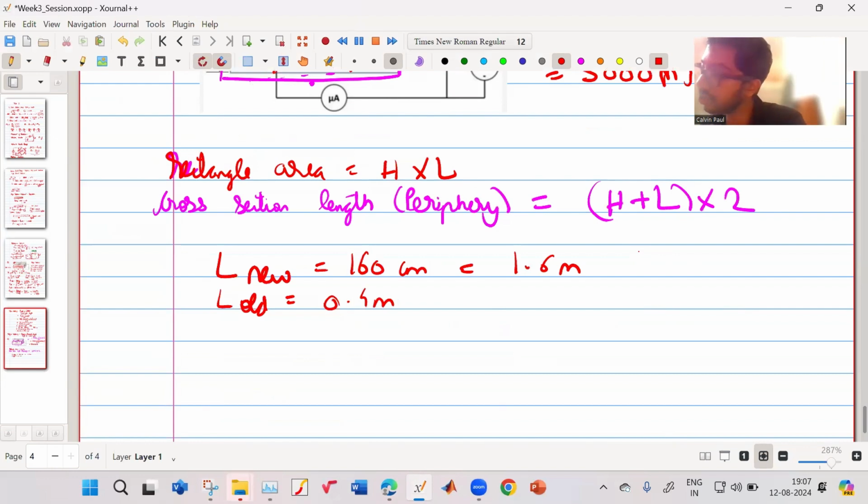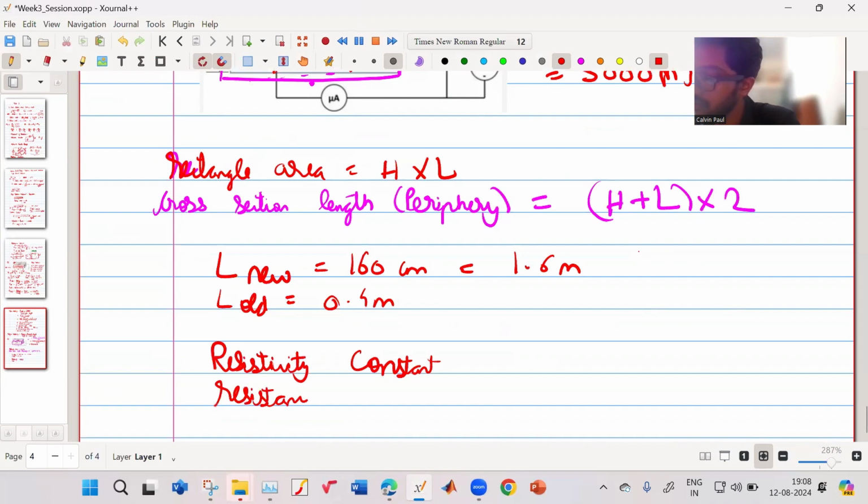Now this, your resistivity, will remain constant, but your resistance changes. Your resistivity is the resistivity per that length, per that area, and based on that it will remain constant.